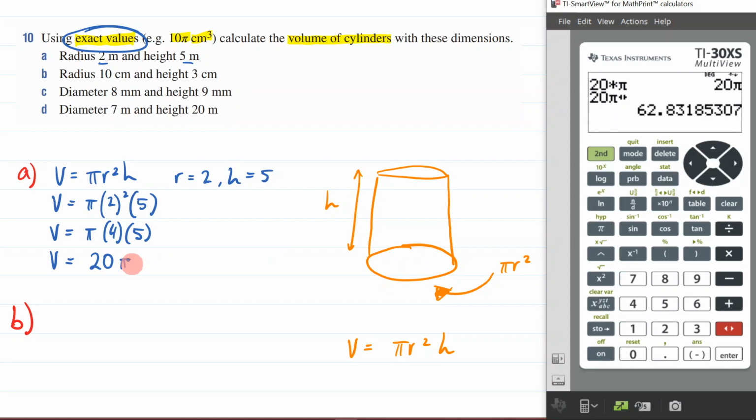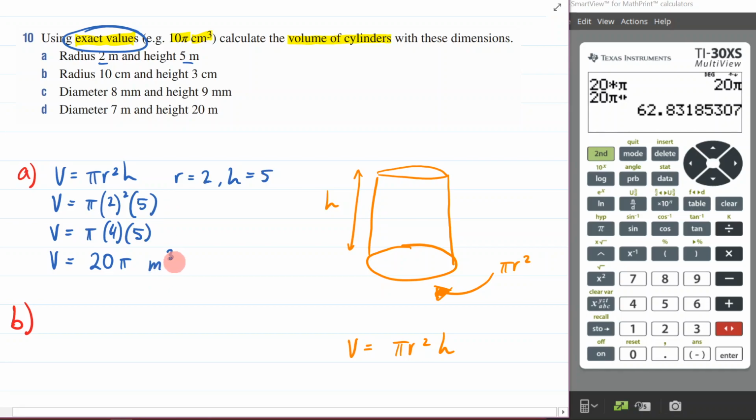This is the most precise I can be. It's an exact value. I'm not rounding decimals. I'm providing it as an exact value, and that's what the question is after. Then I have to make sure I include my units, meters cubed. And that's how we do the first one. So 20 pi meters cubed. Let's give it a highlight and move on to our next one.